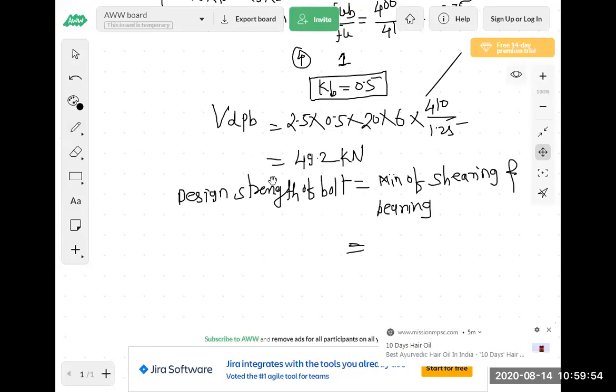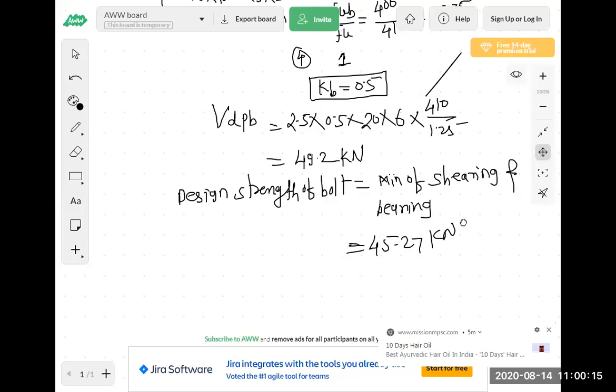Now out of these two, whichever is less, 45.27. Design strength of bolt is nothing but the minimum strength of shearing and bearing. Out of these two, whichever is minimum is the design strength of the bolt.